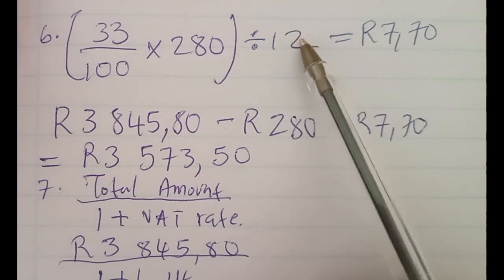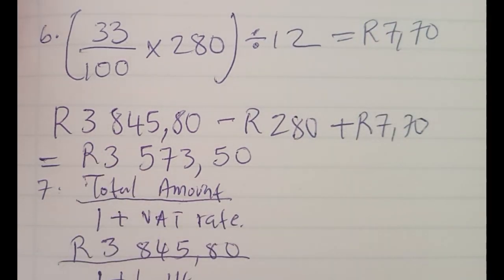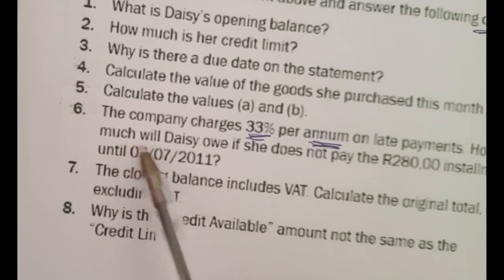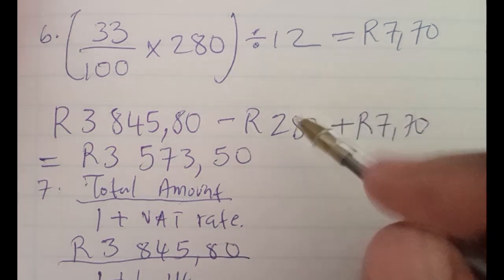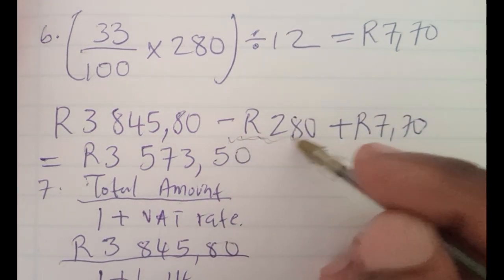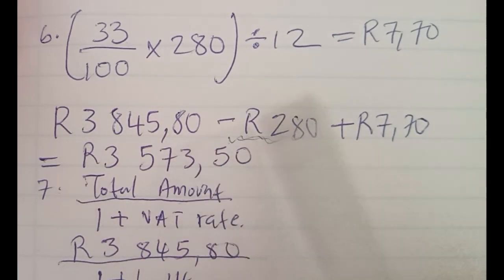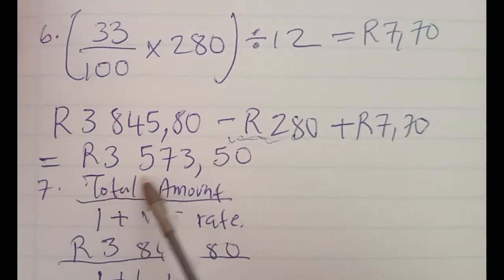Then I get my 770 cent. What we have to calculate is the money she will owe if she does not pay that installment, so we subtract this installment amount from the original amount. That's why I subtracted this part, but I have to add this amount. Then I will get 3,573 and 50 cents. So that's the money she will owe.